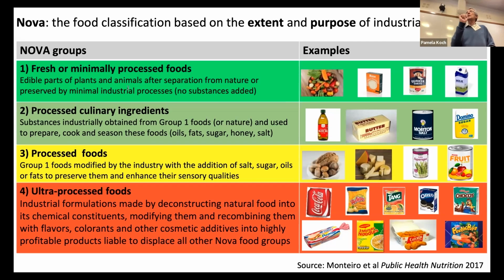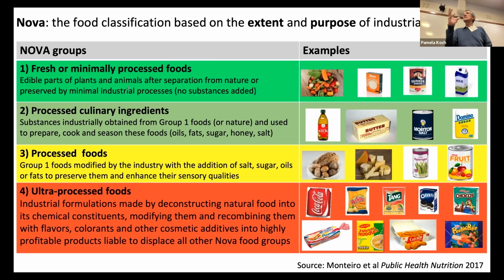And what's the purpose of doing this? Because Nova is based on the extent and purpose of food processing. Of course, ultra-processed foods are highly processed, right? They are processed several times. The end product of ultra-processing is very difficult to link with the original food.